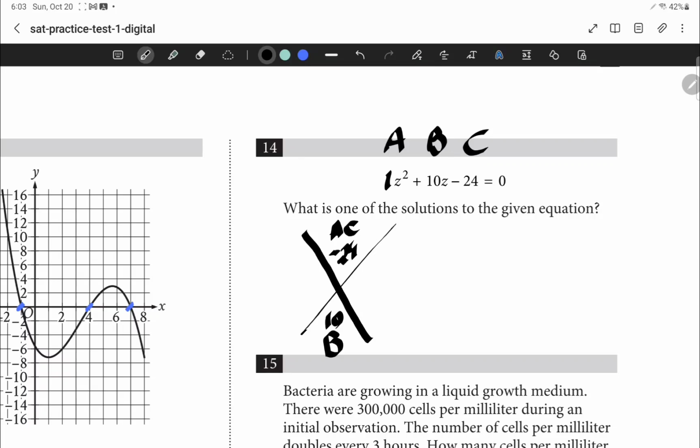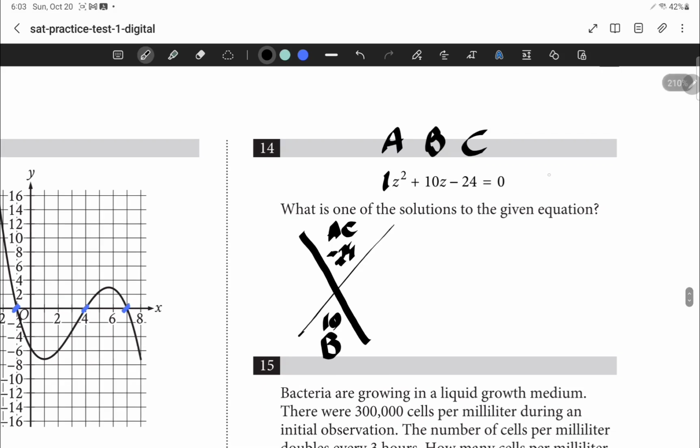Now whenever you're factoring, this is an important thing. We need to find two numbers that if I multiply, they give me this. And this means multiplying. This means addition.